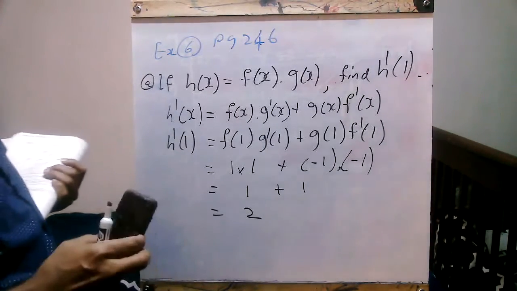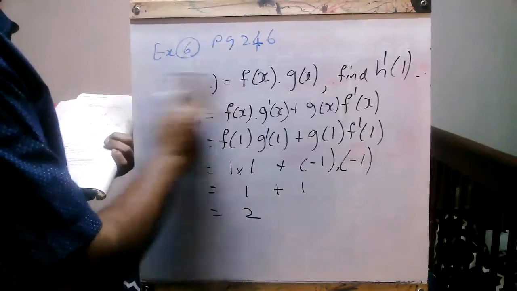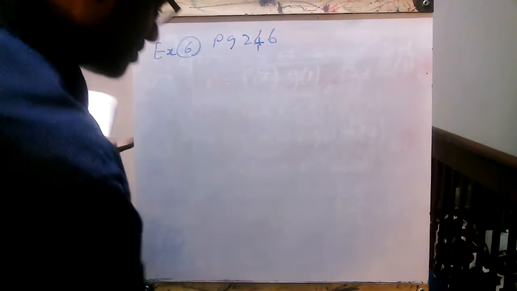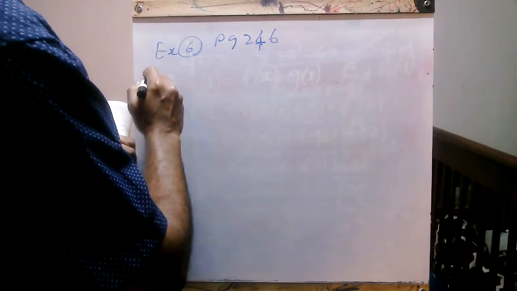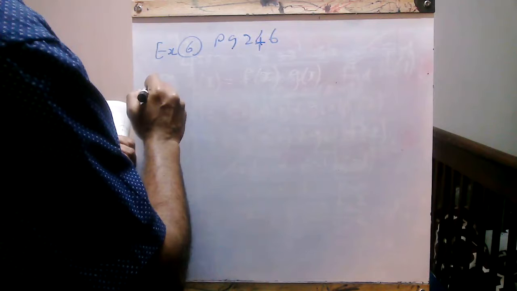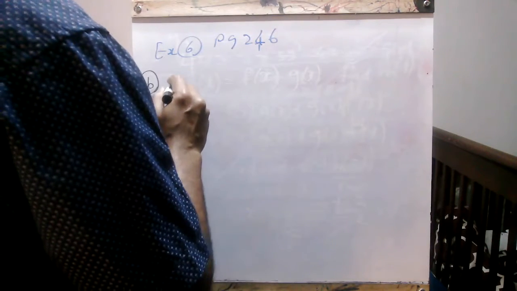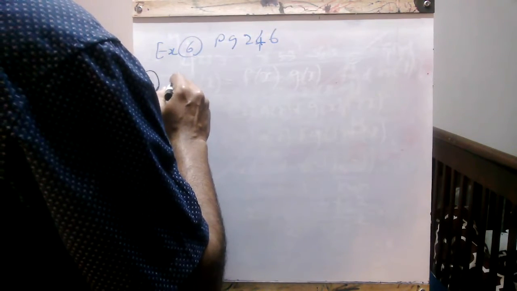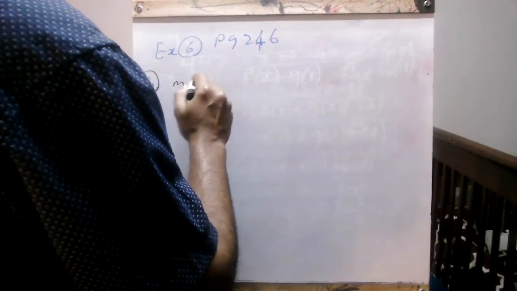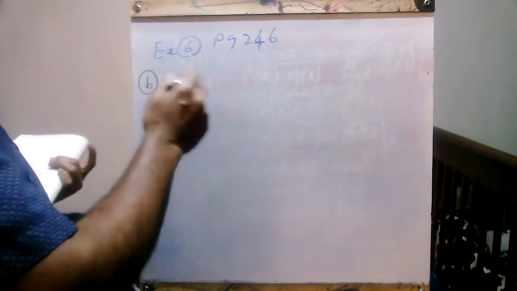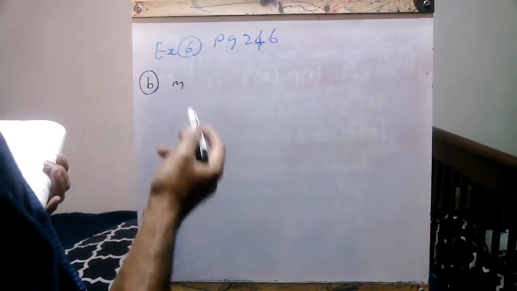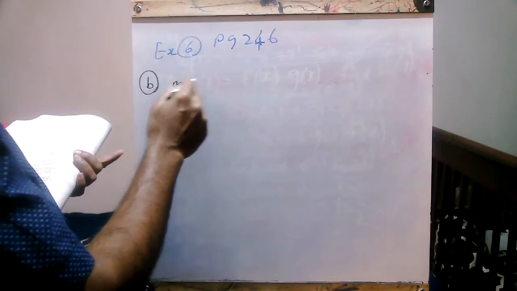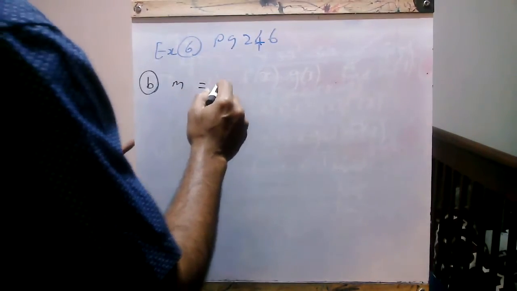Alright, I'm going to part B. M(x), for convenience, if you're comfortable with this, you may just neglect x and write m equals f over g.